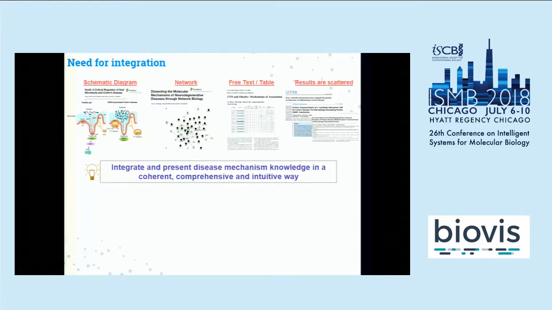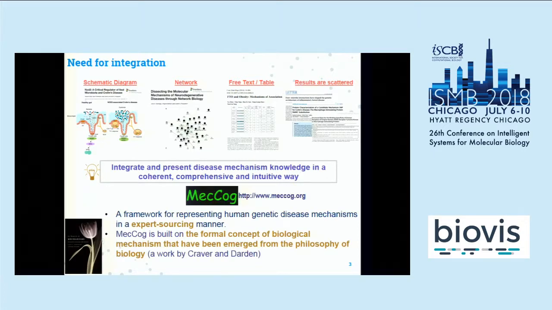That was the idea which brought us to create this framework called MecCog, which is available at www.meccog.org, which is basically a diagrammatic framework for representing human genetic disease mechanisms in an expert-sourced manner.